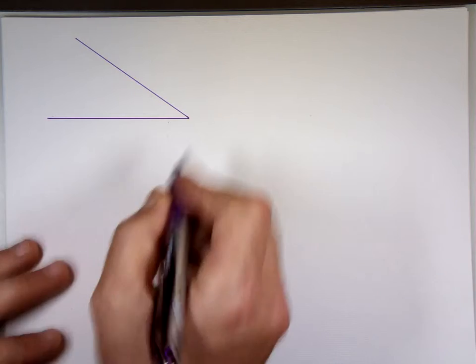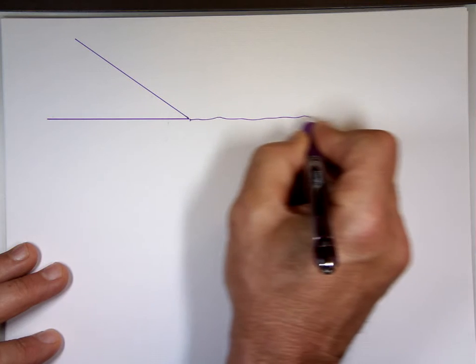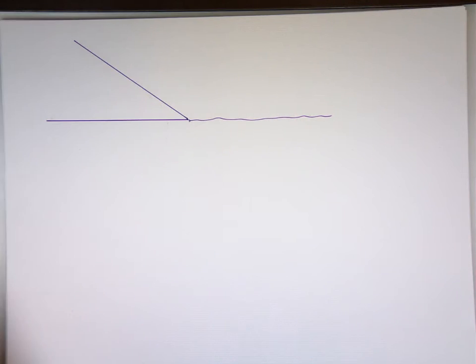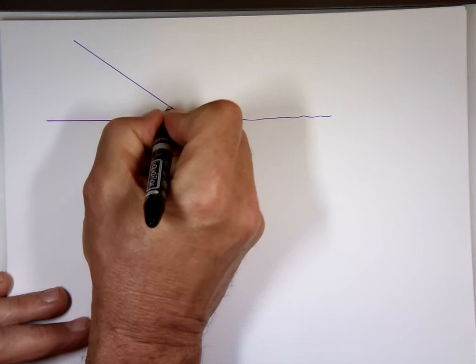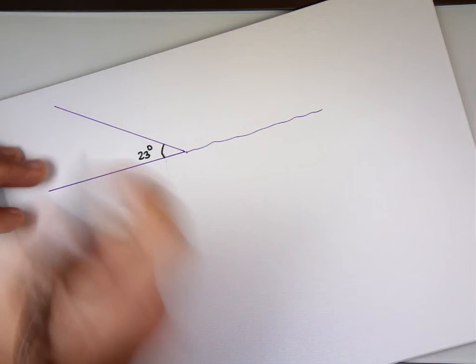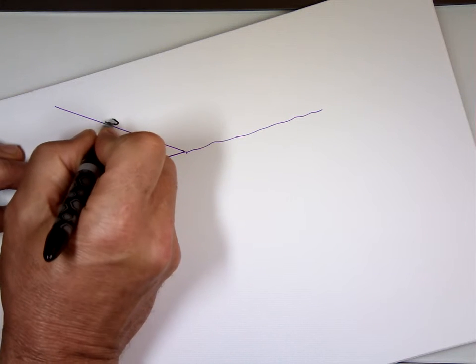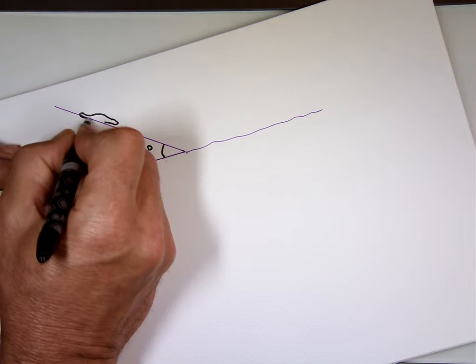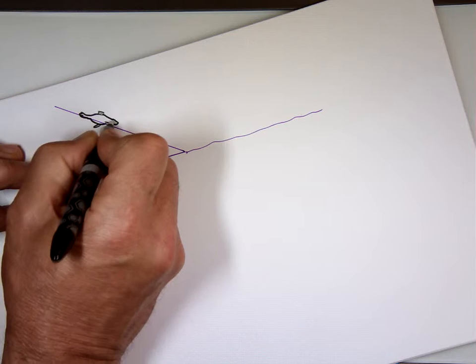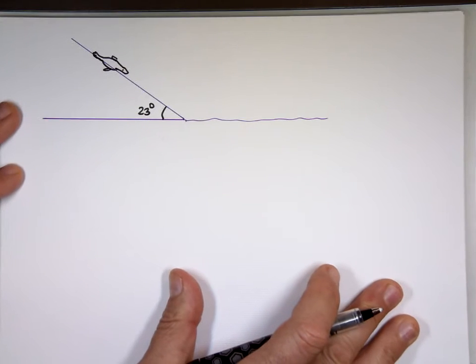This is like the water here. So we have a sea lion. This is my sea lion. Let me draw it here. We know this board makes a 23-degree angle. Here's my sea lion. It's sitting on the board there.